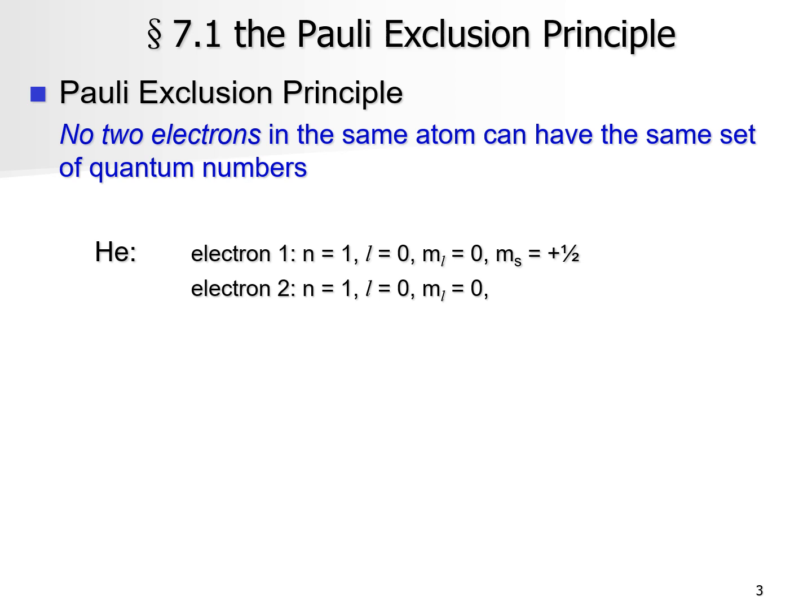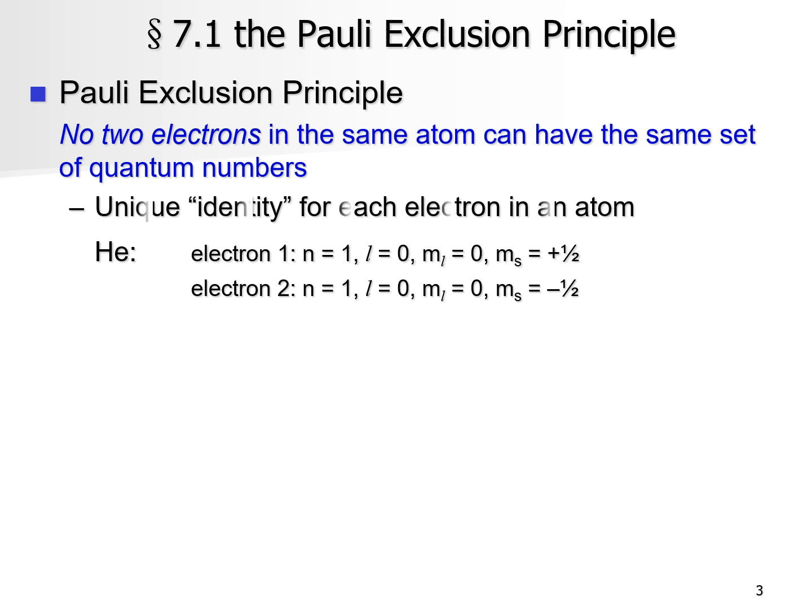Remember, for the spin mode, there is a negative 1/2 for electron. So the second electron could have negative 1/2 as its spin mode. And that will let us know the first conclusion of this Pauli exclusion principle, which is the electron must have its unique identity in an atom.